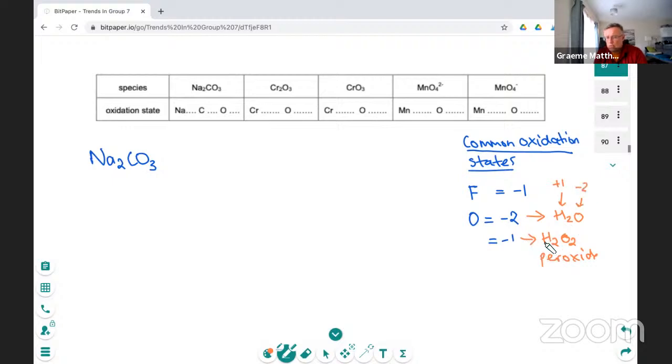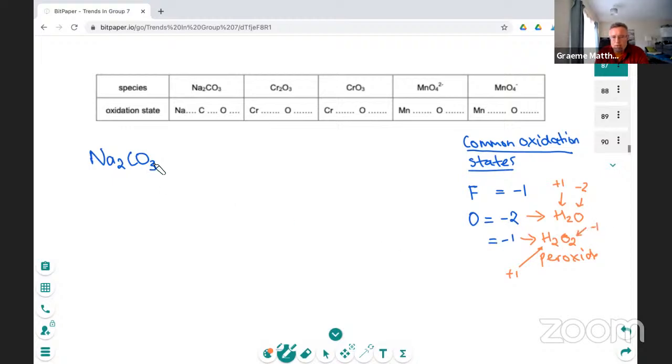If I use the same logic down here, then hydrogen has to be +1. And so the total positive charge, because there's two of them, would be +2, which means that the total on the right-hand side would have to be -2, which means each one has to be -1.